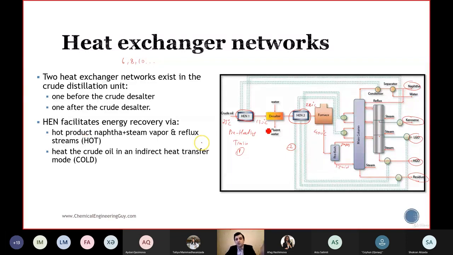Because the heat exchanger duty is limited. You know that Q is shared, this duty, in 2 or 3 heat exchangers. Yes, exactly. So Q, the heat exchanger duty, is mass flow rate times specific heat times delta temperature.